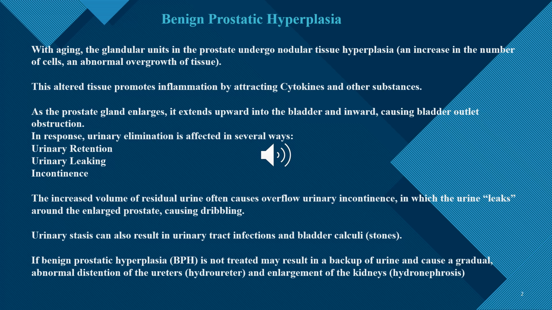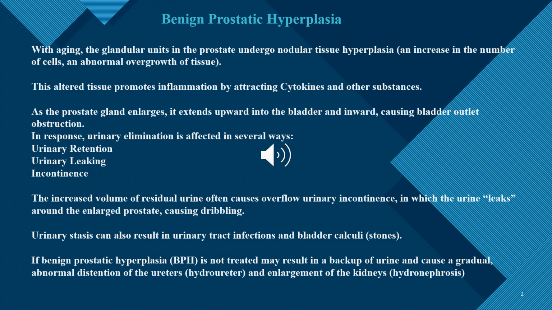In response, urinary elimination is affected in several ways: urinary retention, urinary leaking, and incontinence. The increased volume of residual urine often causes overflow urinary incontinence. Remember when I spoke to you about urinary incontinence?